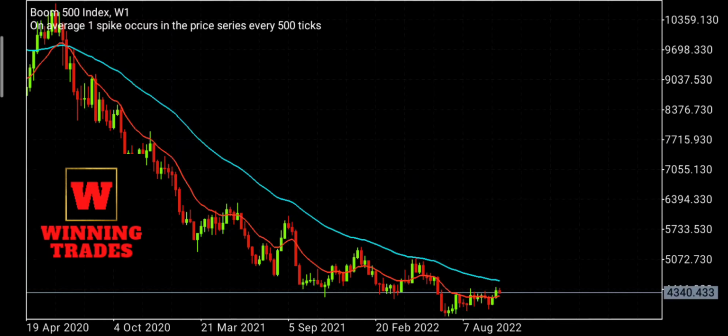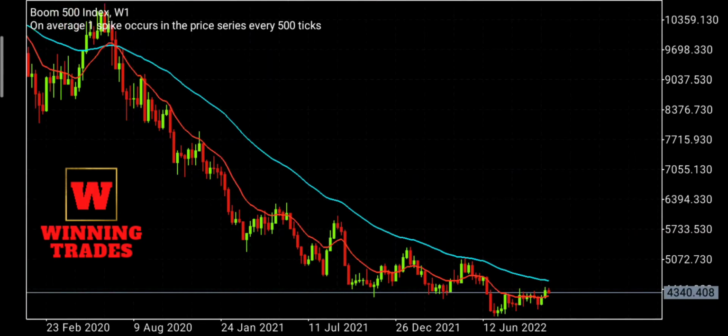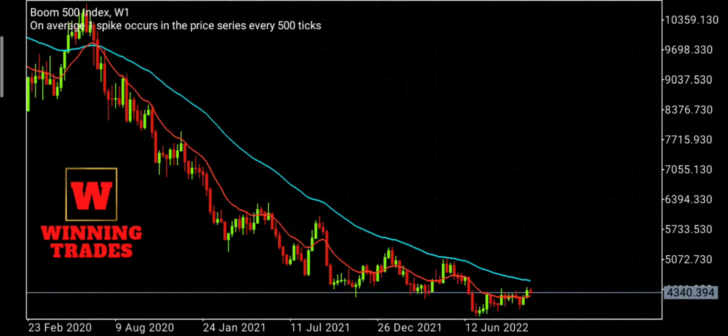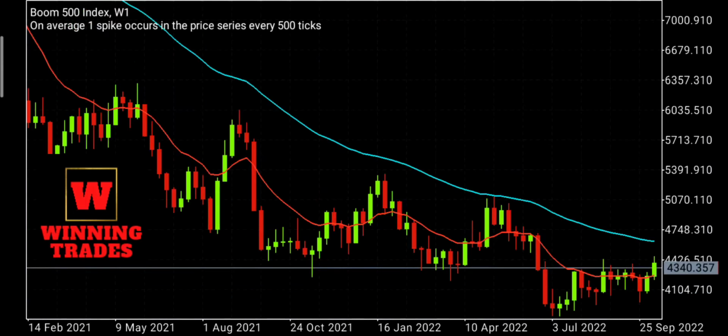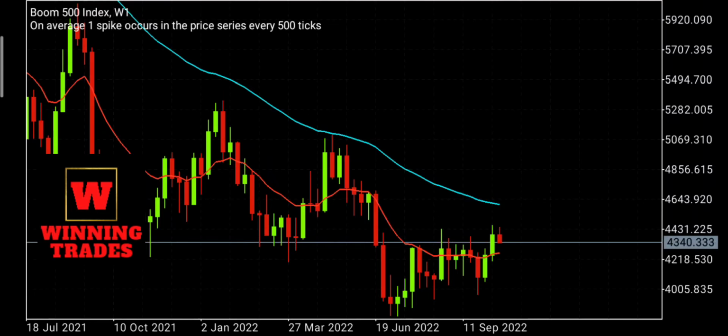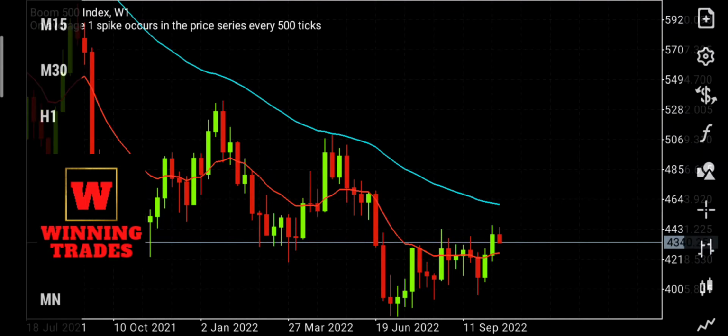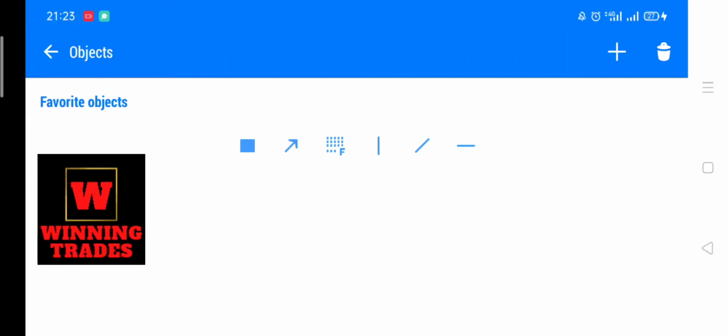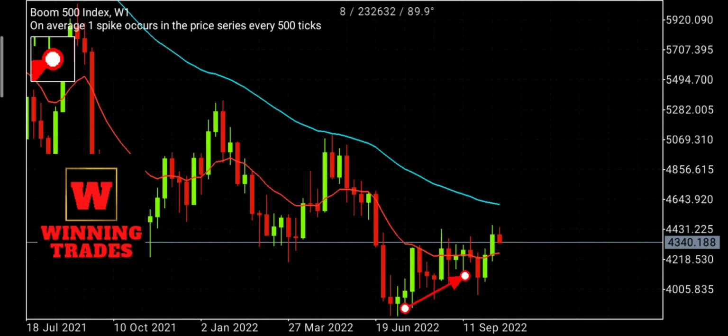So for Boom 500, this is the weekly chart. We can see that Boom 500 has been selling for a very long time, and currently if we expand this, we can see that we are seeing a buy move on the weekly. This buy has been going up steadily.